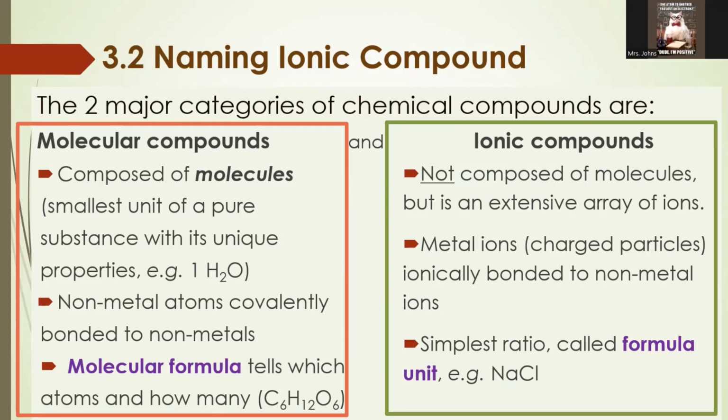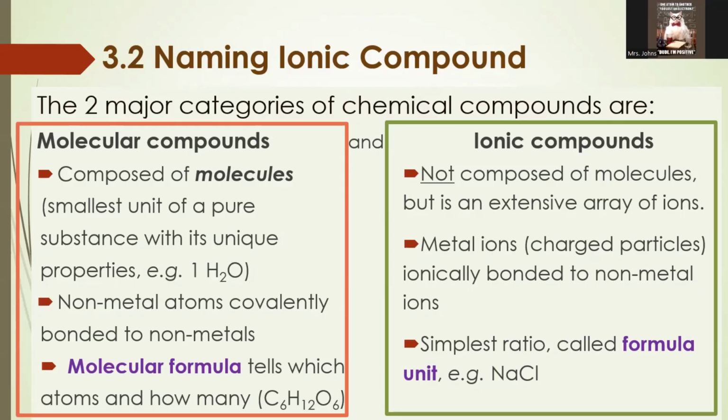But the ionic compounds are not composed of molecules. They're extensive arrays of ions, just stacks and stacks. The one above it, below it, and beside it are equally bonded to all the different ions in all the different directions.